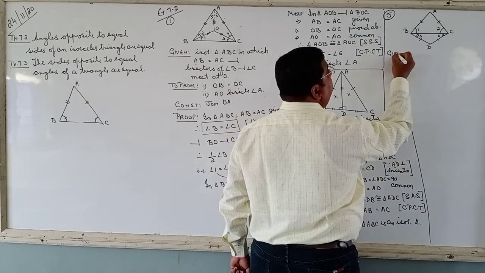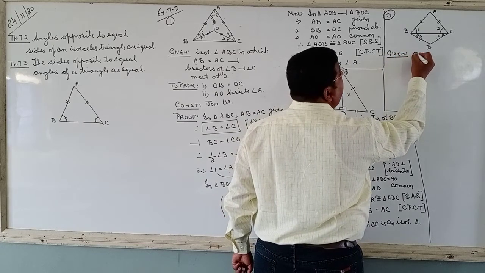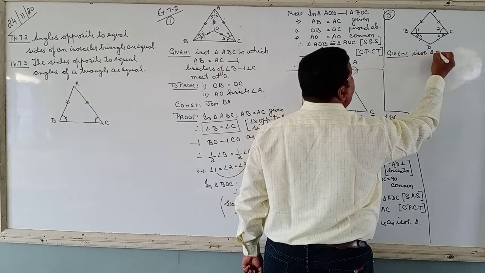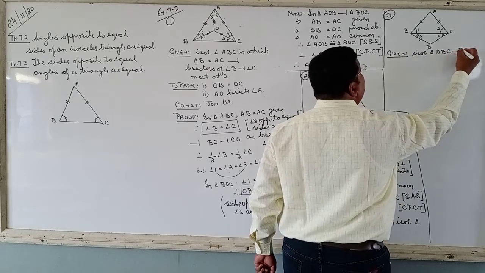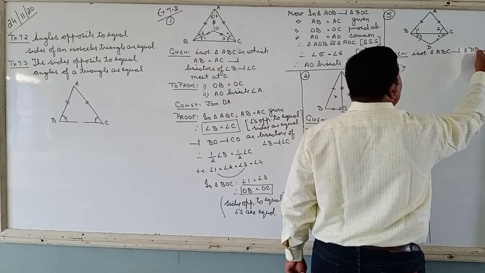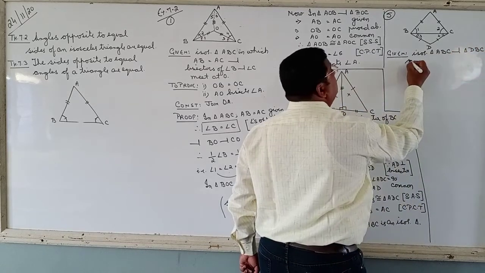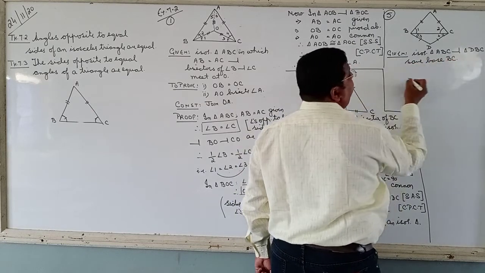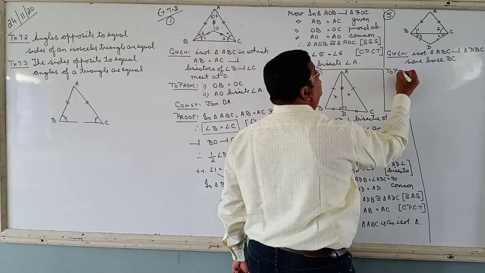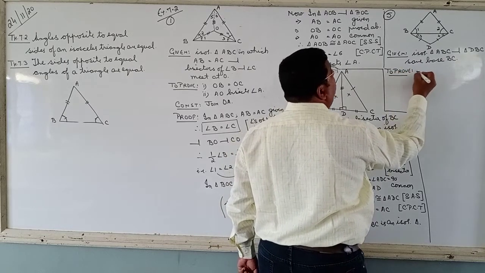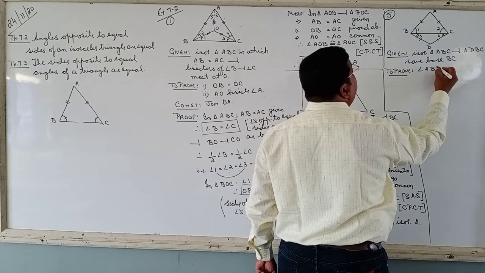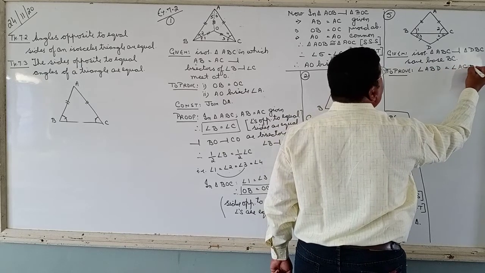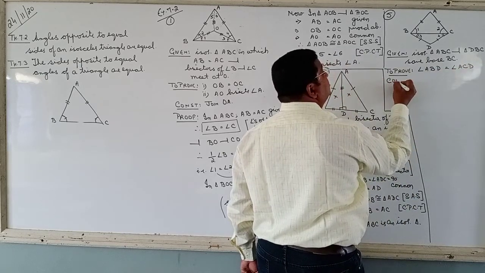What is given? Given isosceles triangle ABC and triangle DBC on the same base BC. What we have to prove? We have to prove angle ABD equals angle ACD.